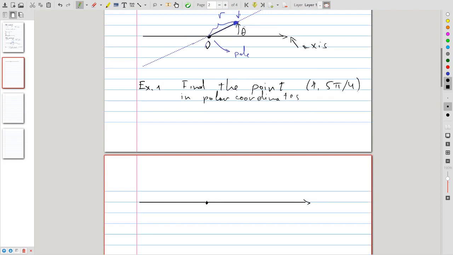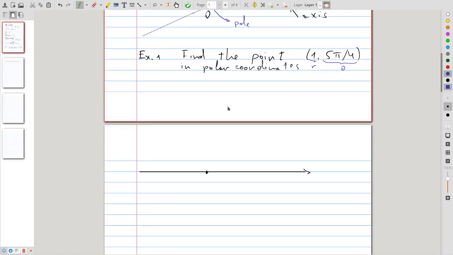Then you have to measure angle theta counterclockwise, since theta is positive, from the direction of the axis. And so we have to measure the angle 5 pi over 4, which is the angle of size pi plus the angle of size pi over 4. So it would be pointing somewhere in this direction.